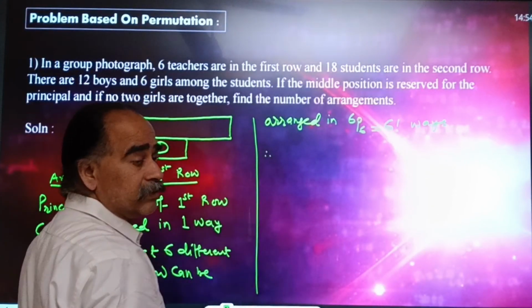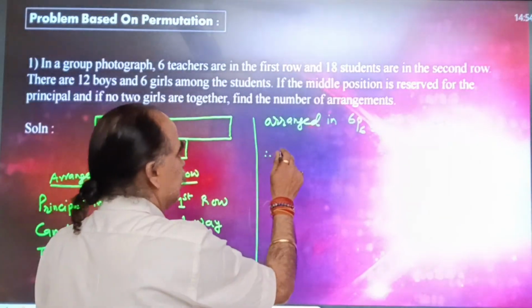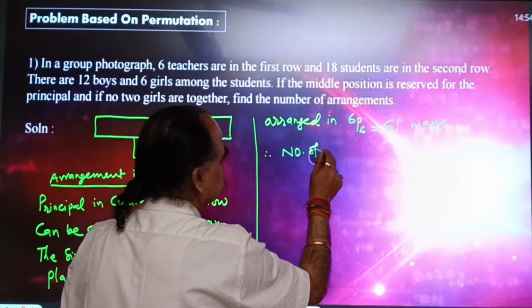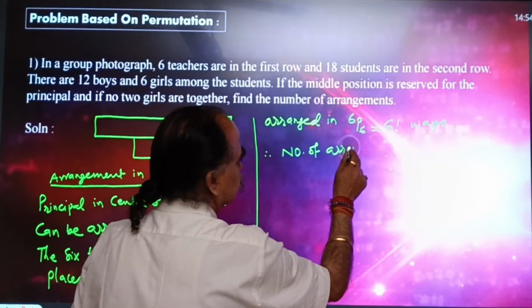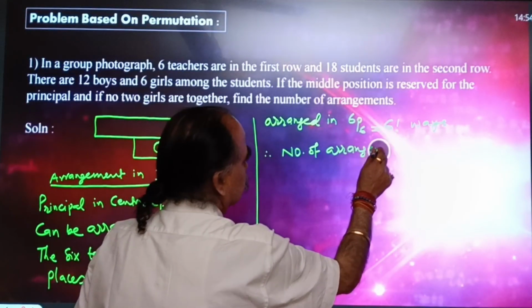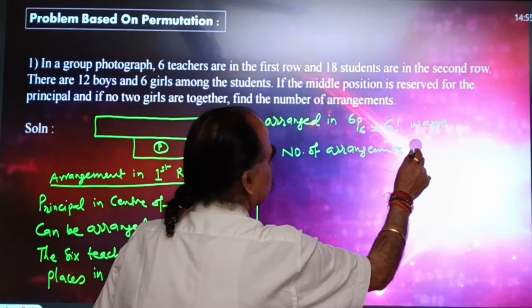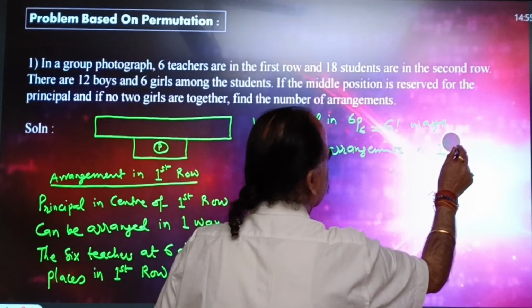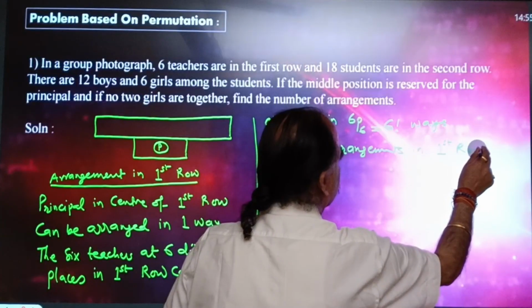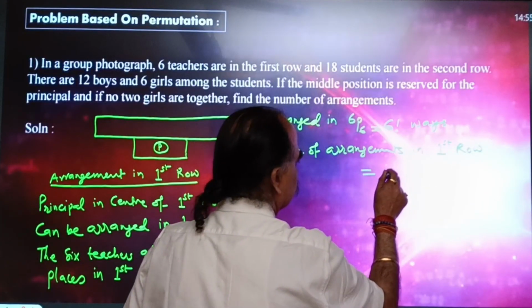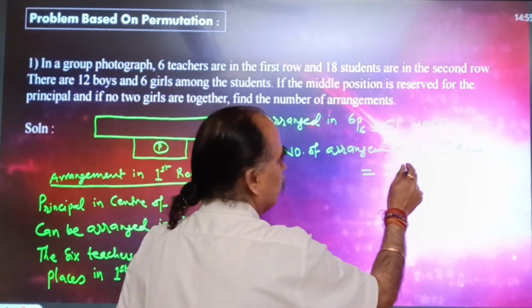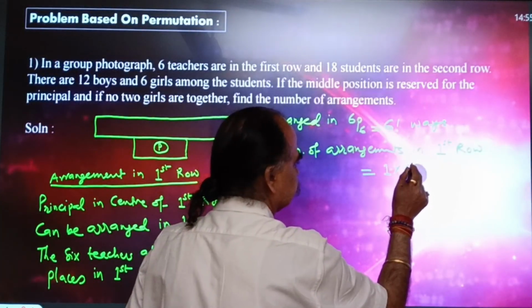Therefore, the number of arrangements in the first row is 1 into 6 factorial. 1 is for the principal and 6 factorial for the teachers.